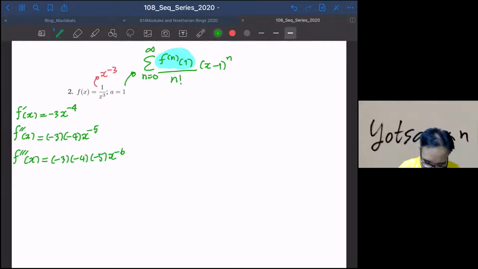So you can guess the formula for the nth derivative. You see that the 4 turns out to be negative. The index here is equal to 1, 2, 3. And what is the number 4? The number 4 here turns out to be 1 plus 3.